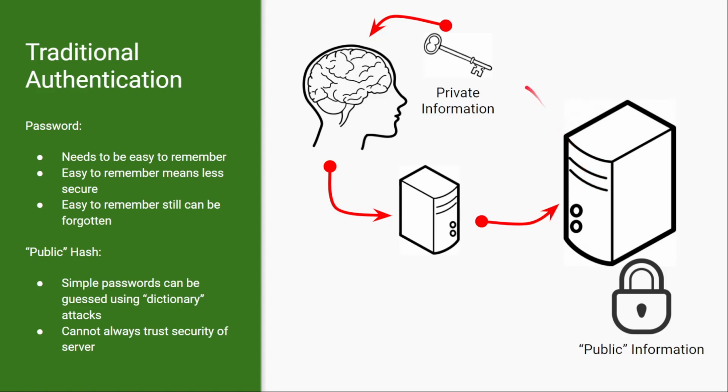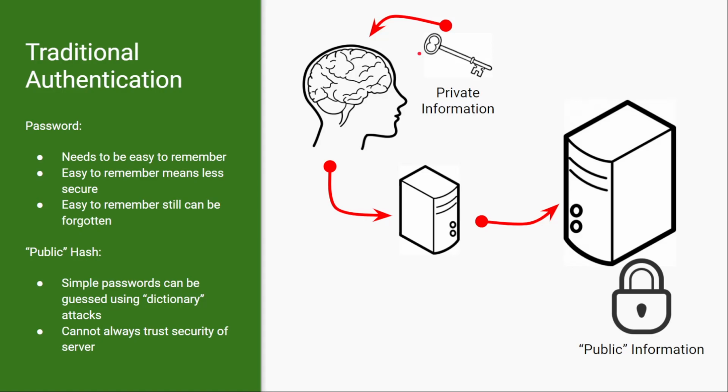There are several problems with this. The first is the password. We're humans. As humans, these passwords need to be easy to remember. Long, complicated series of characters tend to be very difficult to remember.